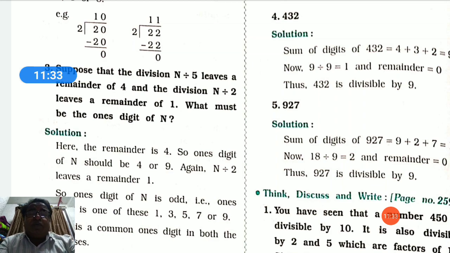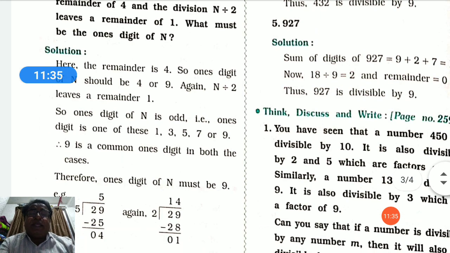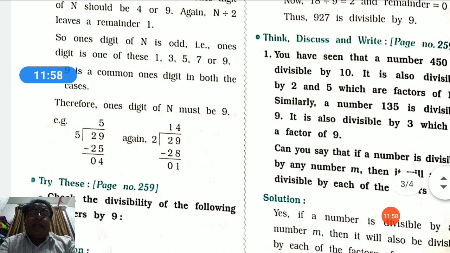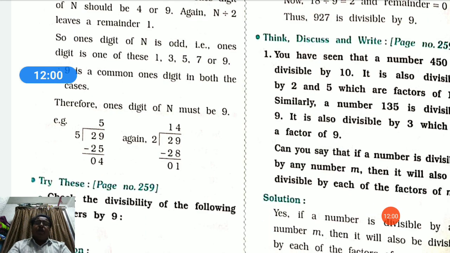So, the ones digit of n is odd, that is, one of these: 1, 3, 5, 7 or 9. So, 9 is the common ones digit in both the cases. Therefore, the ones digit of n must be 9.